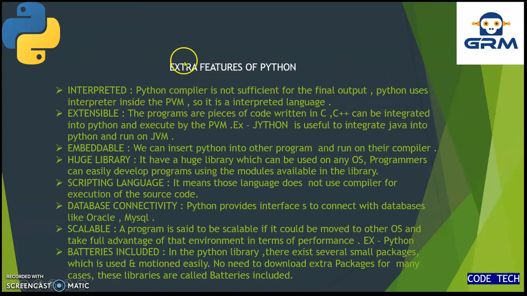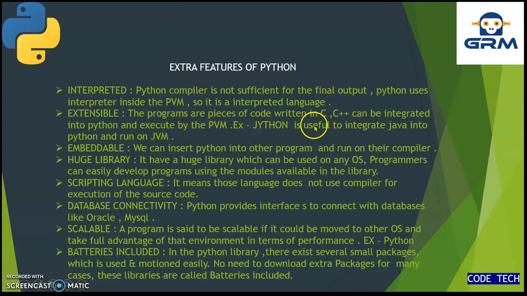Then coming to the extra features of Python, Python is also interpreted. The Python compiler is not sufficient for the final output. Python uses the interpreter inside the PVM, so it is an interpreted language. Then coming to the next part, it is extensible: programs written in C or C++ can be integrated into Python and executed by the PVM.